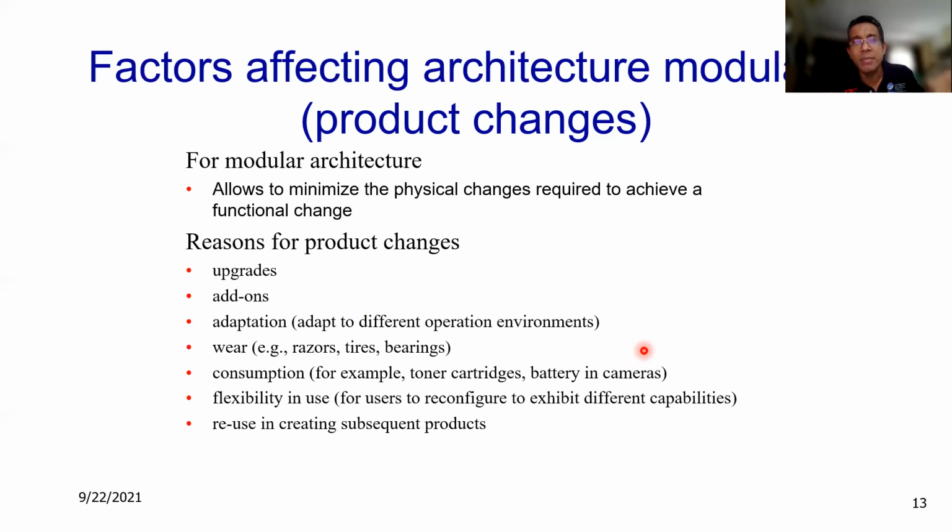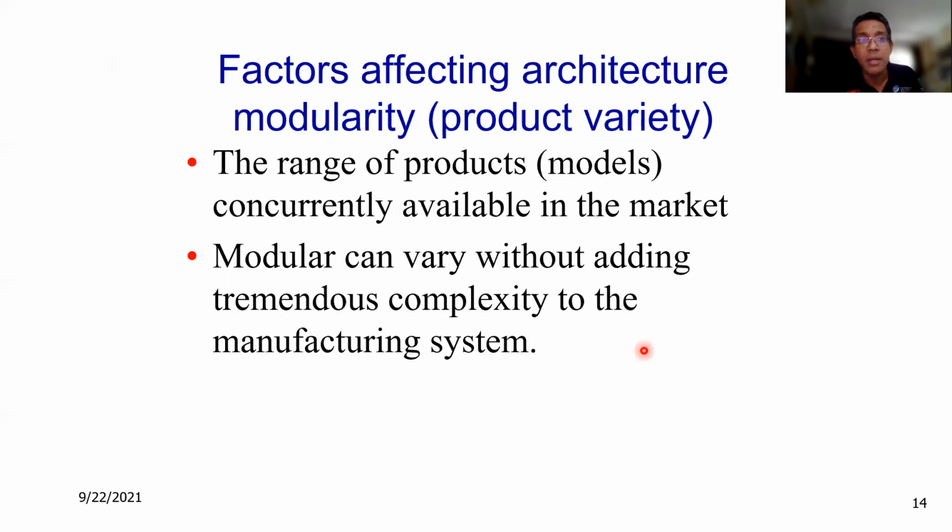So you need to carefully consider the reason before you do the product change. But there will be an effect on the product architecture of modularity when you do a product change.